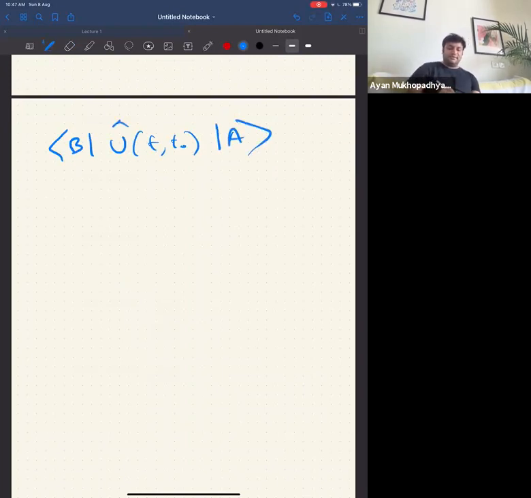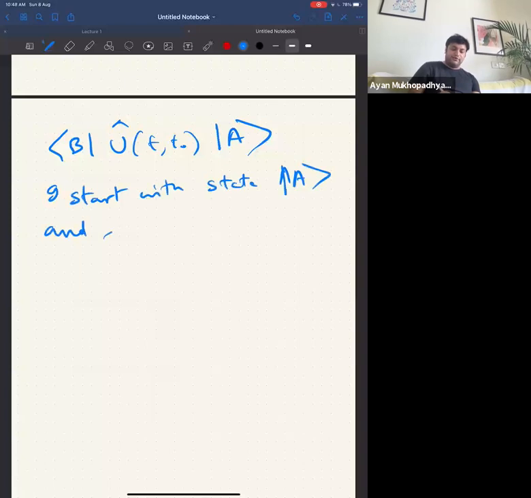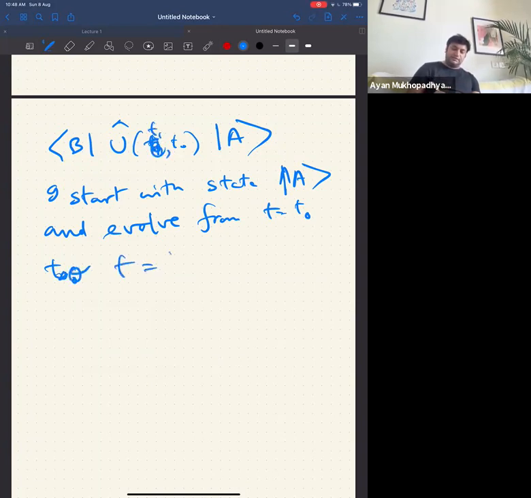So what it means is as follows. I start with state A and evolve from t equal to t0 to, let me call it t1, just to distinguish it from t0, so to t equal to t1.